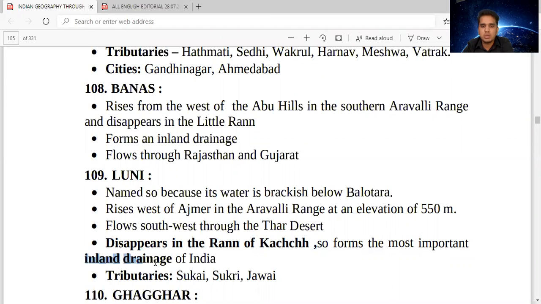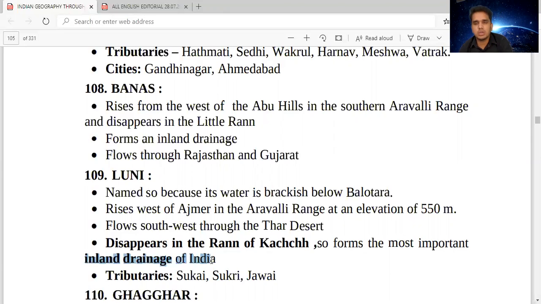So it forms the most important inland drainage, meaning it goes underground. The Luni River is considered to go underground. It is said of the Luni River that in ancient times it was considered to be the Saraswati river, but later on it goes underground and becomes inland drainage.